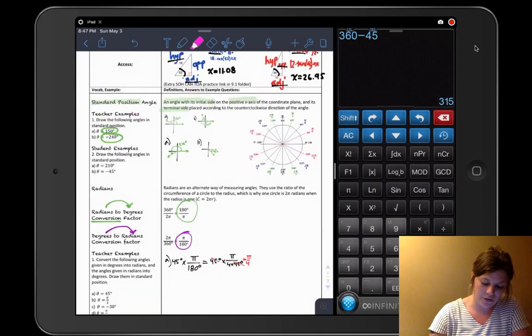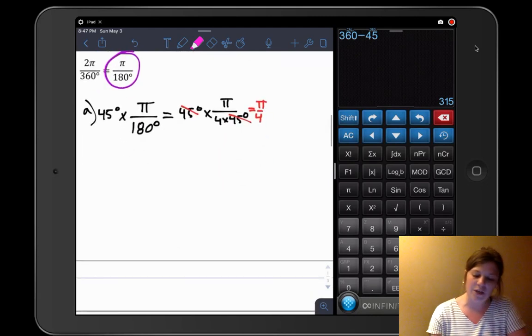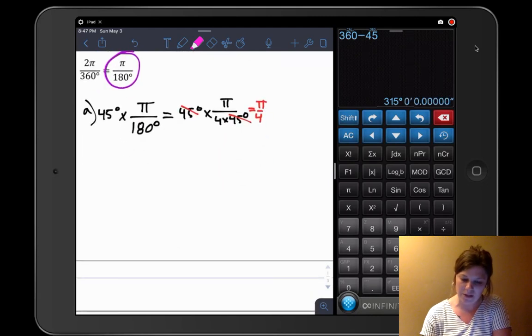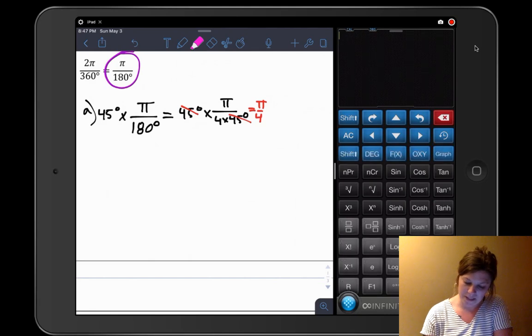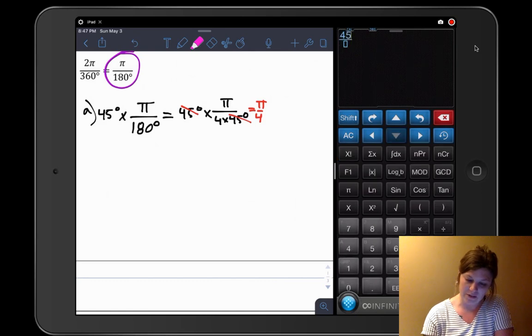Now, if you're a little rusty at reducing fractions, a trick you can use on your calculator is to go to the second screen and use your fraction and ignore the pi on there. Just pretend it doesn't exist. You do the 45 and then over 180, and it gives you 0.25.